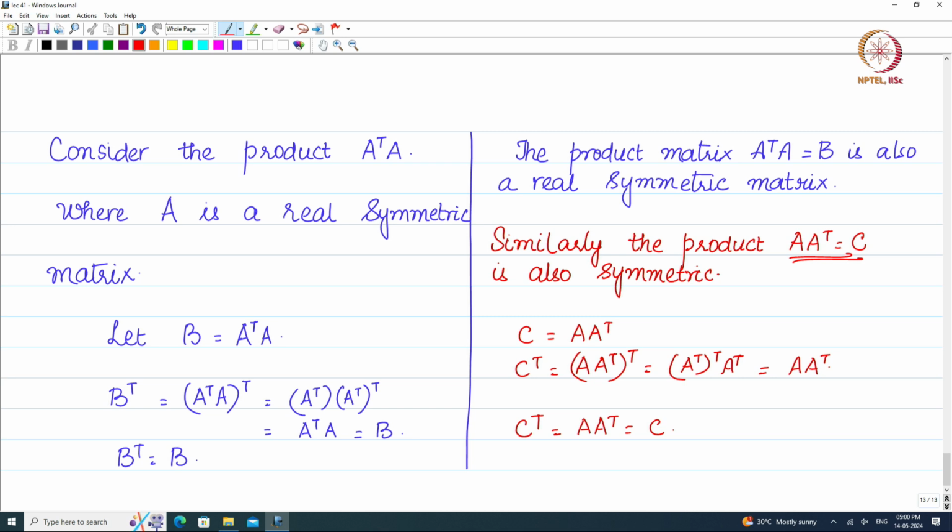So, what we have done right now is basically we have looked at the idea of real symmetric matrices. A real symmetric matrix means a matrix whose transpose is the matrix itself and whose entries are real. We looked at certain properties, and the most important and interesting property was the one pertaining to the eigenvalues of a real symmetric matrix.